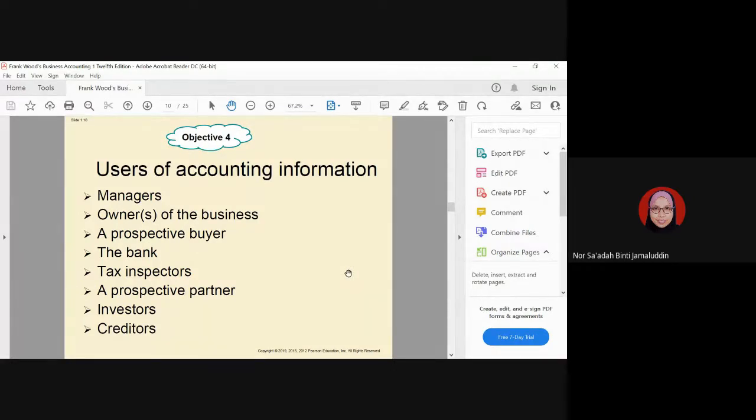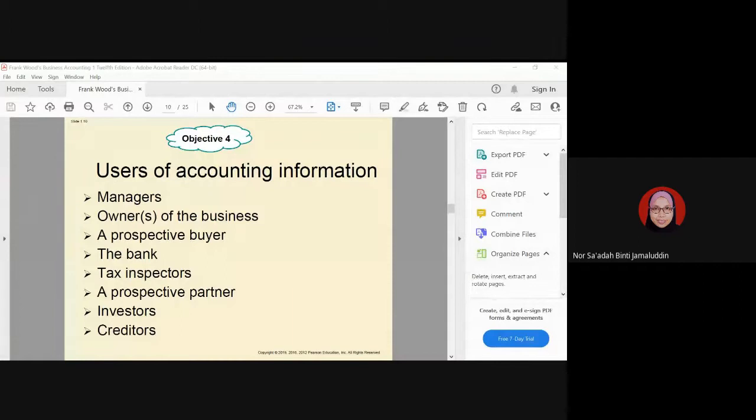So kat mana nak dapat capital? Okay, selain daripada kita pinjam daripada kawan-kawan, maybe kita dapatkan daripada bank. So before the bank decides either to approve or not approve your application for a loan, the bank will use your accounting information to do some inspection, whether your company is in a good situation, good condition and so on.